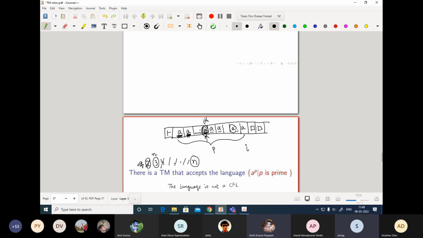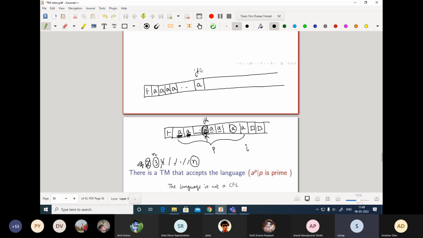Okay, so what he is suggesting is, let me draw it again. So basically you cannot count. If you have to count, even then you're sort of matching something. So you have A, and so on, and you have the A at the ith position.